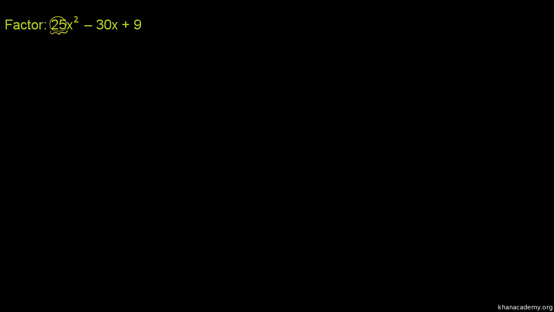So let's just think about what happens when we take the perfect square of a binomial, especially when the coefficient on the x term is not a 1. So if we have (ax plus b) squared, what will this look like when we expand this into a trinomial?